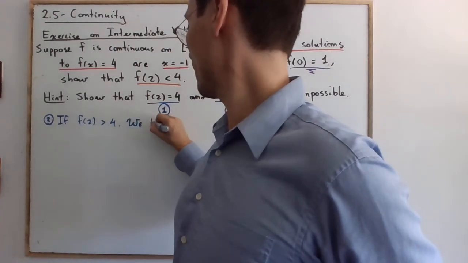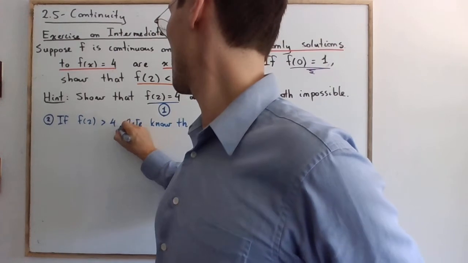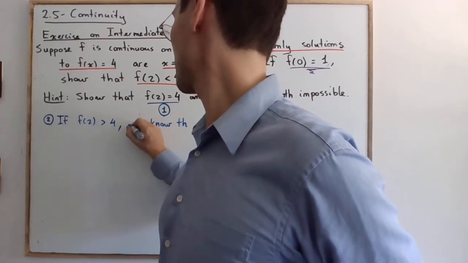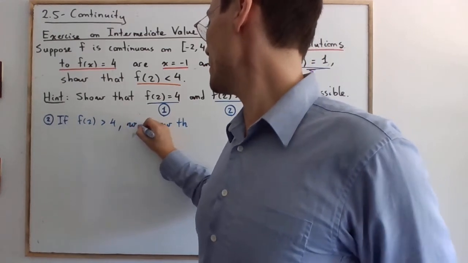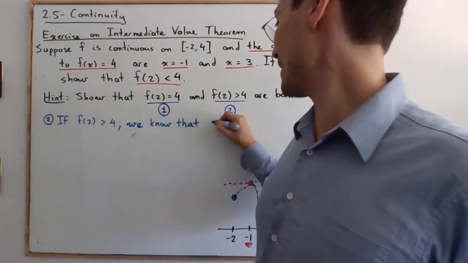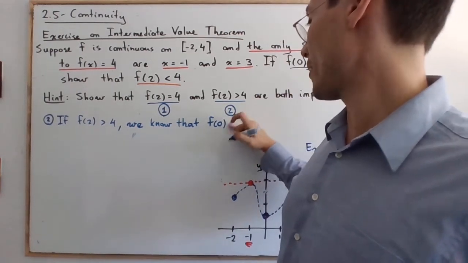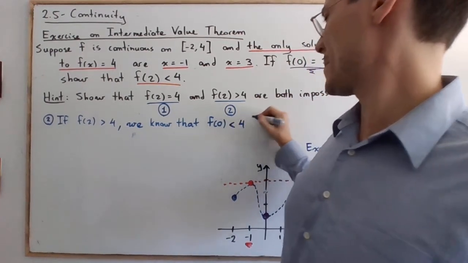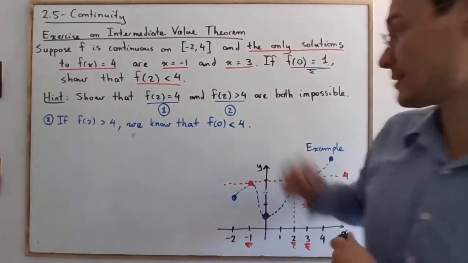we know, so I'm gonna use an entire sentence here, we know that f of 0 is smaller than 4. And this is obviously because it's equal to 1, right?